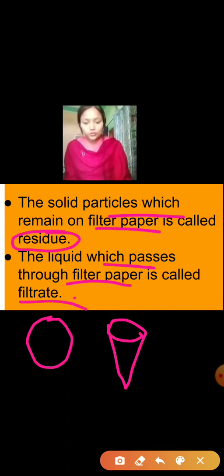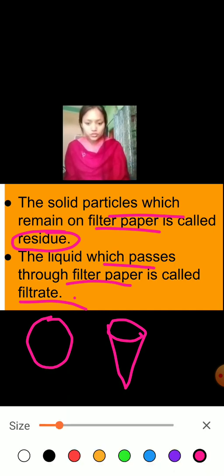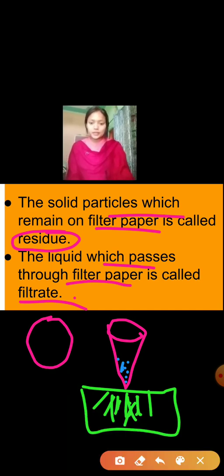So this residue resides here, any impurity present in water will reside here, and the pure water will come down through these pores and can be collected in a beaker or any other jar. Is it clear?